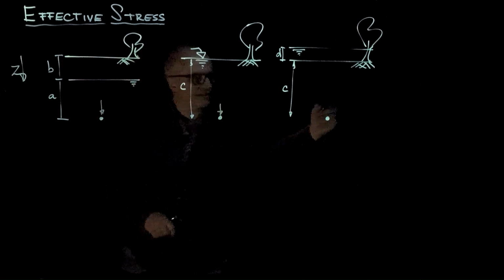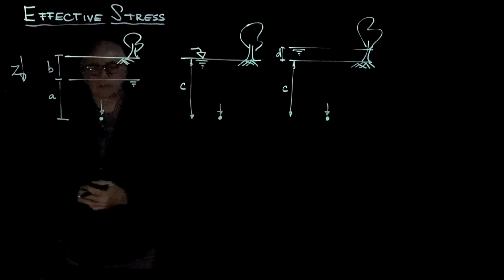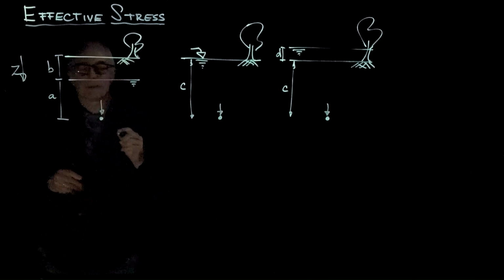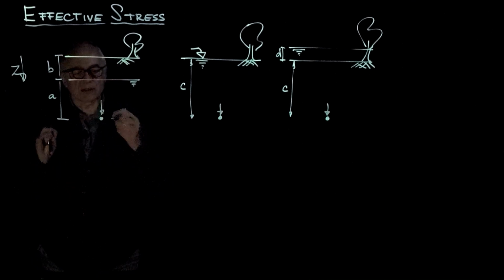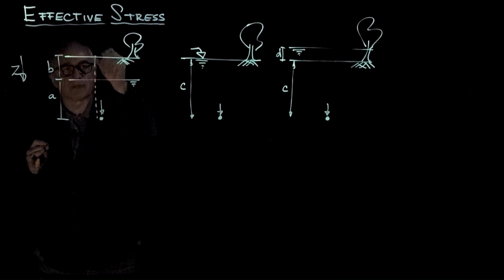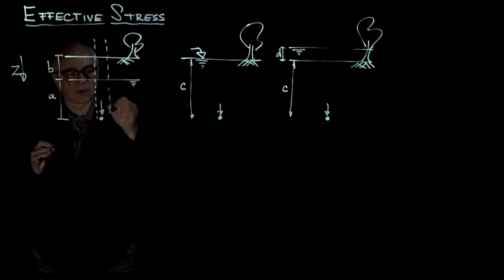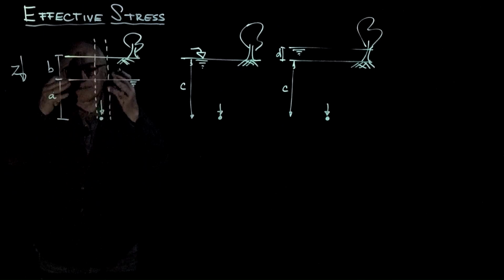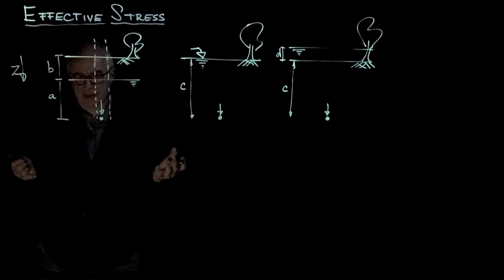And so if this is level ground, the solution is very simple, so let's do it together. We're going to look at the weight of everything above the point per unit area. And the weight of everything per unit area is stress.